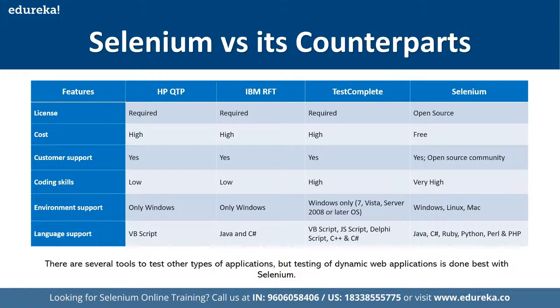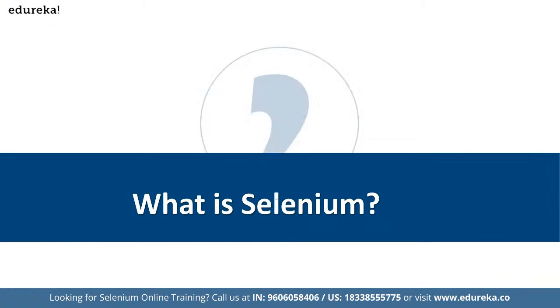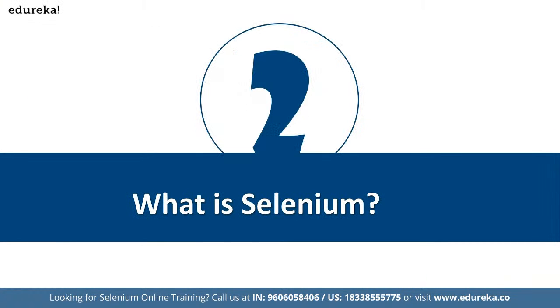You have functionalities with which you can work smoothly, and that's the beauty of Selenium. These are some of the important things that help you understand why Selenium is so important and why we focus more on Selenium.